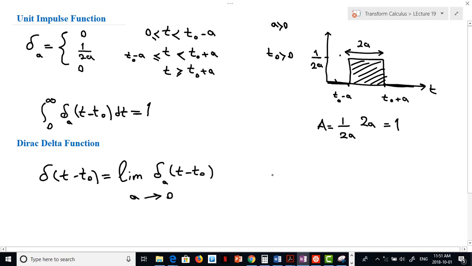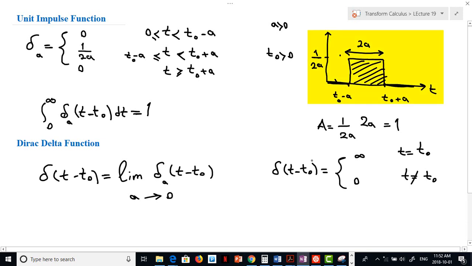So if I want to show the Dirac delta function, delta of t minus t0 is equal to infinity if t is equal to t0, and it's equal to 0 if t is not equal to t0.